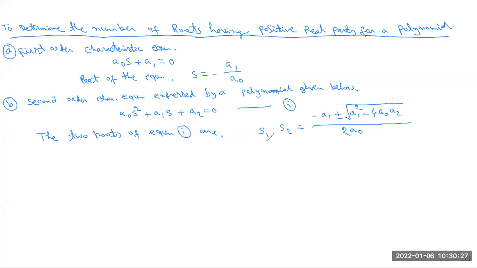So in this pattern you can easily calculate the 2 roots, one is s1 and the other is s2. This is basically the formula: s equals minus b plus minus root over of b square minus 4ac by 2a. We apply this formula to the second order characteristic equation to calculate the 2 roots of the polynomial form.